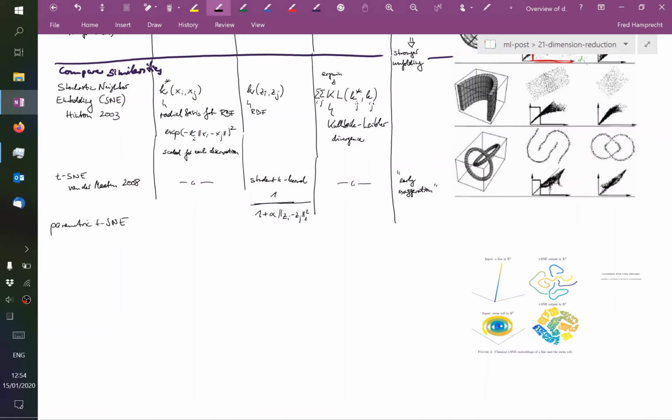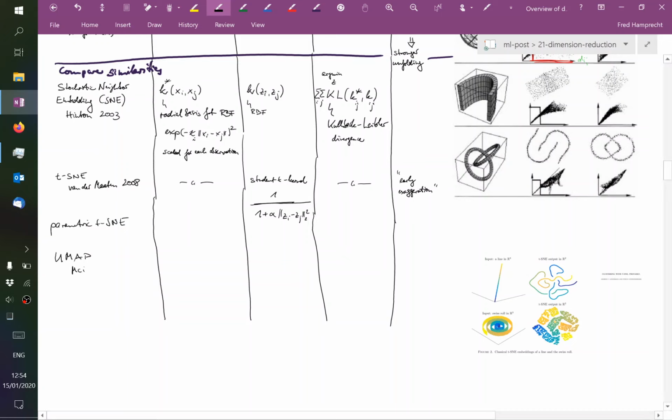All right, and now the final entry in the table is a method called UMAP. This is an abbreviation for Uniform Manifold Approximation.